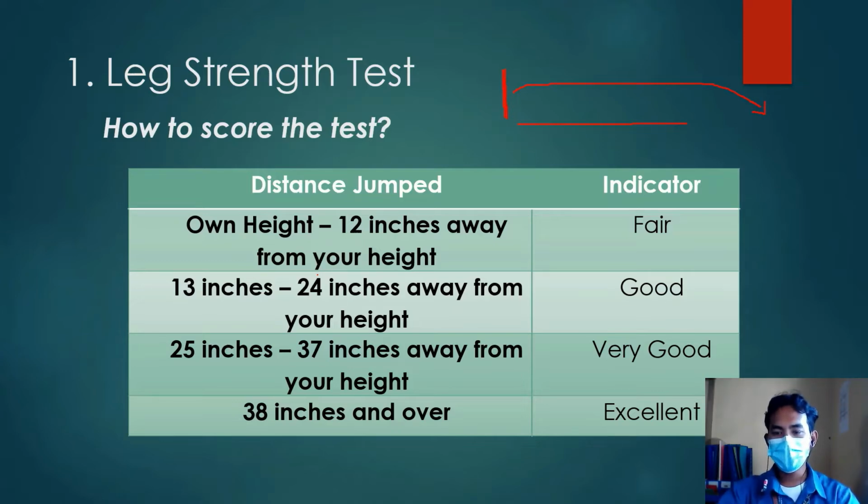Ang i-measure lang po natin ay yung galing po dito hanggang dito. So, yan po ang i-measure natin. Yung distance galing dun sa pinakadulong end ng yung height hanggang dun sa kung saan ka po nag-stop na mag-jump.